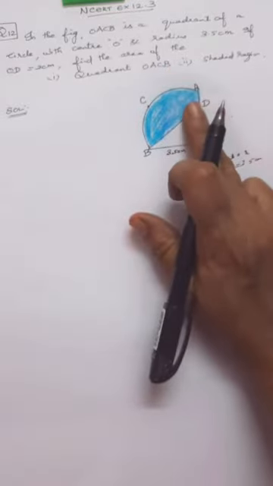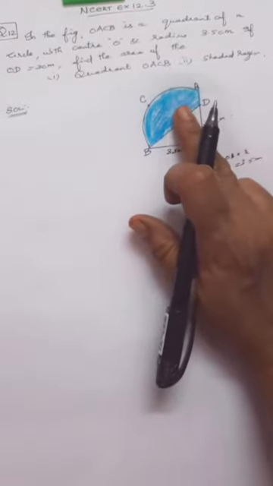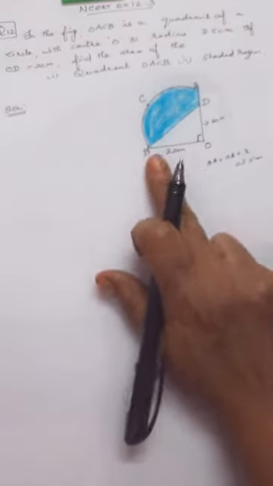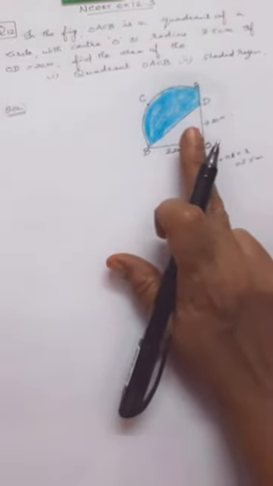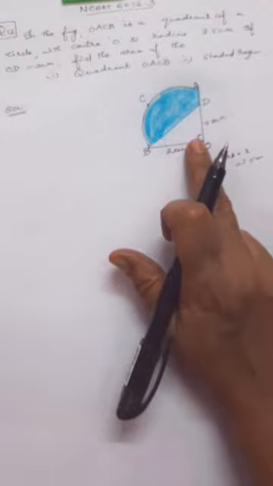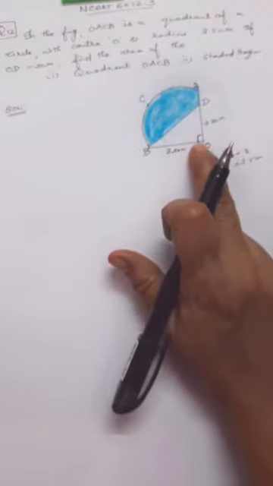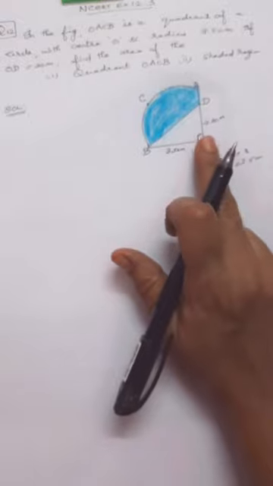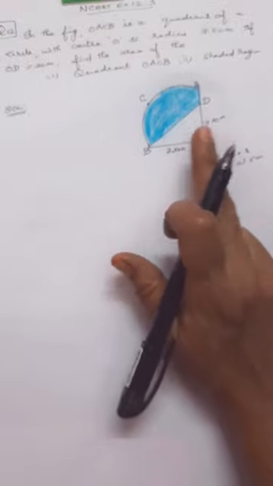And here, shaded region, how can you find the area of the shaded region? From the area of the quadrant, you have to subtract the area of this triangle. What type of triangle is it? In a quadrant, the central angle is, you all know, 90 degree. So this is a right triangle. So for the right triangle, you can make use of the formula of half base into height.